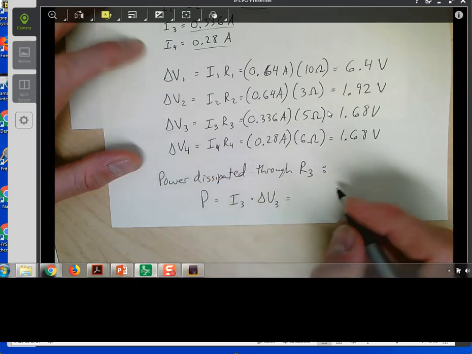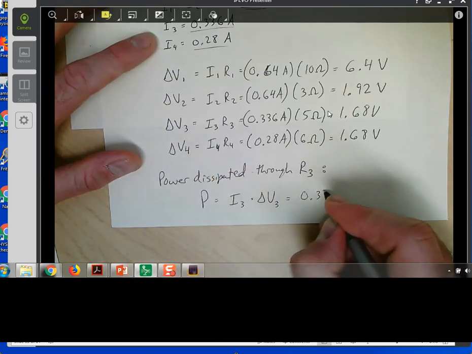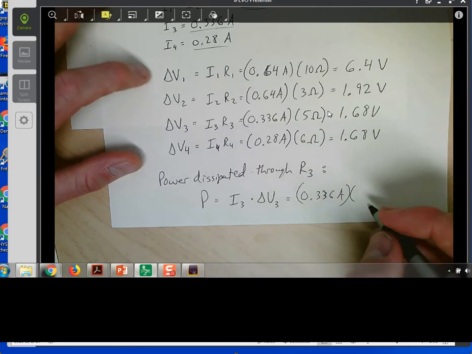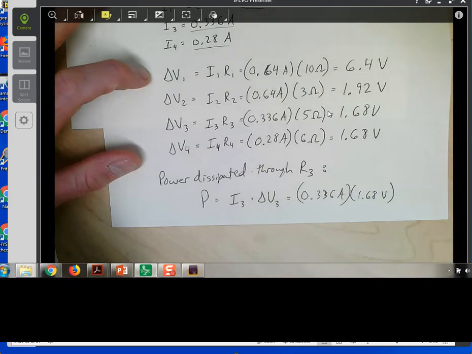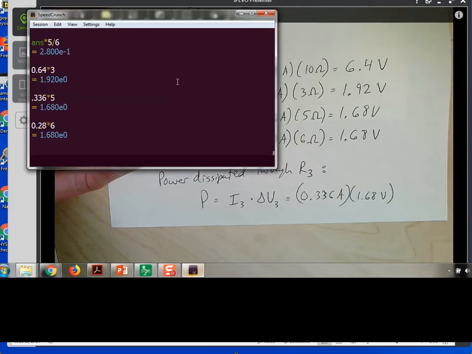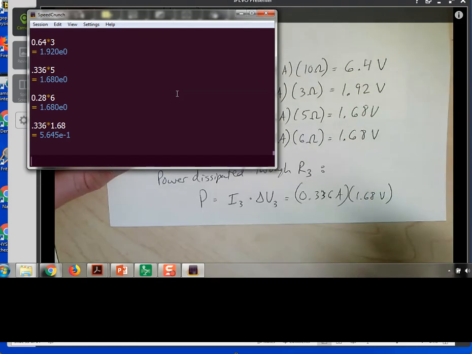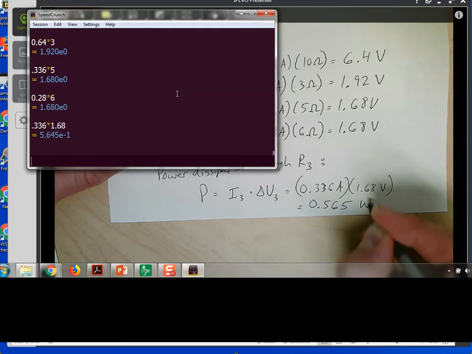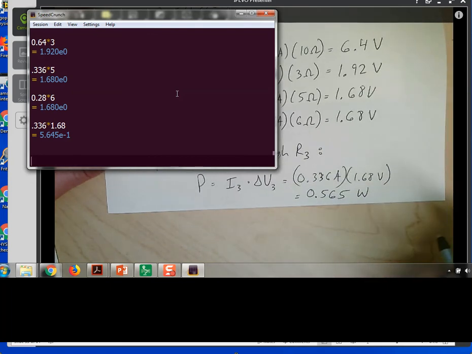So I3 in this case would be 0.336 amps, and voltage 3 would be 1.68 volts. Remember that the amp times the volt is a definition of a watt. 0.336 times 1.68. And finally we're left with a number which is 0.565 watts. So half a watt basically.